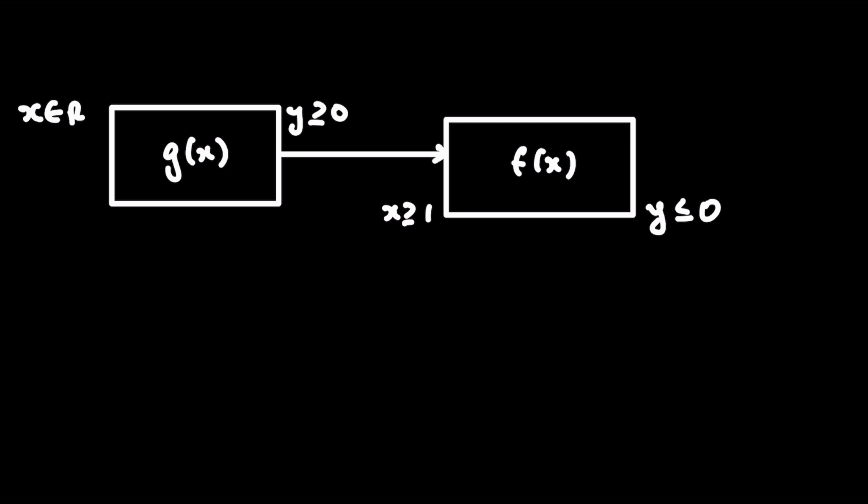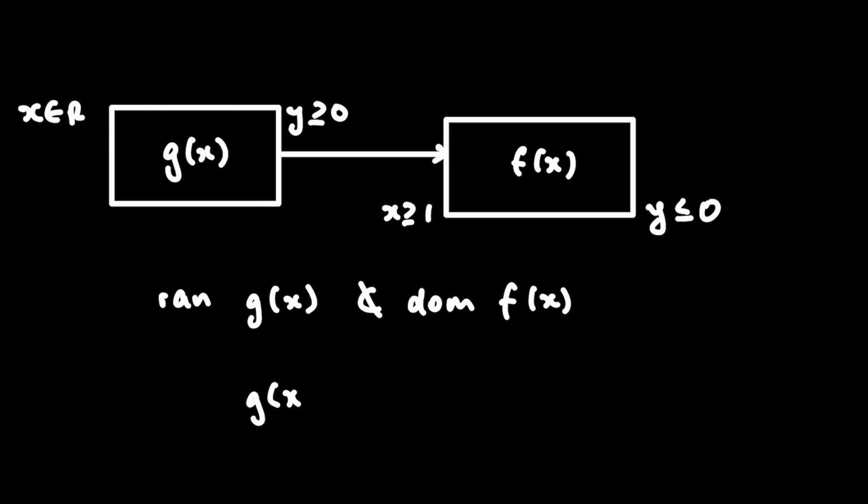So now, all I'm going to say to make that statement true is that the range of g of x is not a subset of the domain of f. And now, because we have an issue, we need to restrict the domain of the first function. And we need to restrict the domain by saying g of x cannot be less than 1.